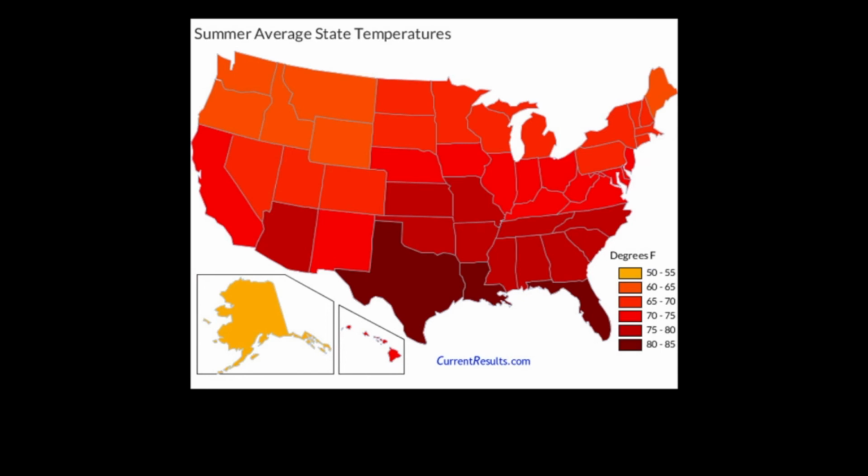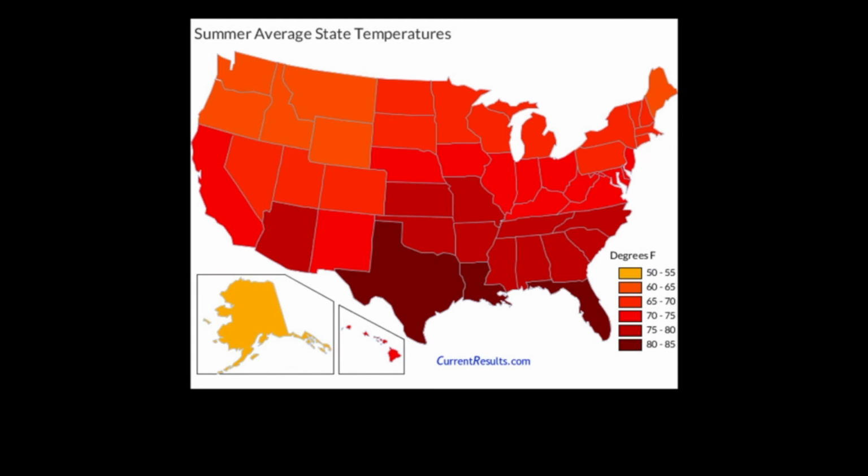Because if we can identify those states, they're the states where we're going to get potholes, because water is going to freeze in those states. So let's have a look at the average temperature in winter in the USA. If you want a little challenge, pause the video and try and make some guesses about which states are going to be warmest in the winter and which are going to be coldest.